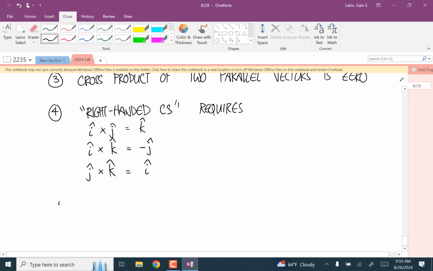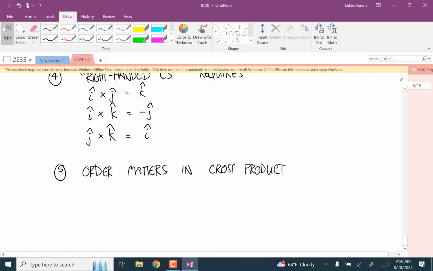And then last, order matters in the cross product. So A crossed with B is equal to negative B crossed with A. Okay, so you can't switch the order.